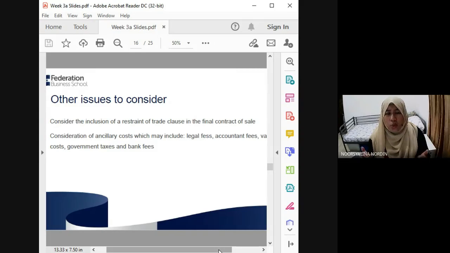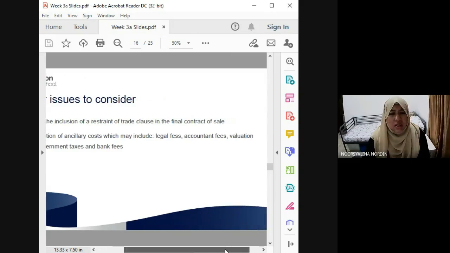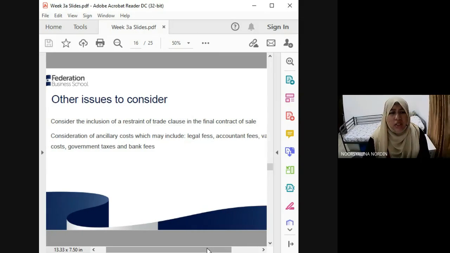This will happen if we are not precise and meticulous in doing our agreement. And consideration of ancillary costs, which may include legal fees, accountant fees, valuation costs, government tax and bank fees. So when we are doing the agreement, this is the thing that we have to include.